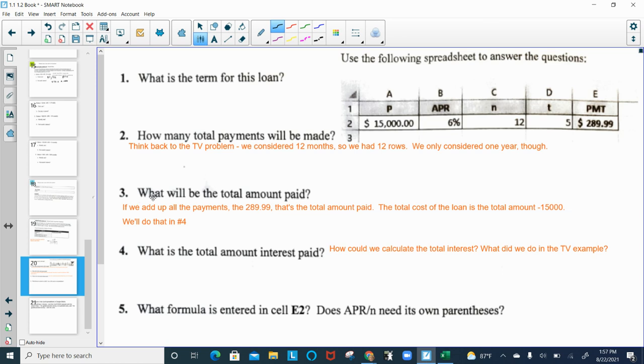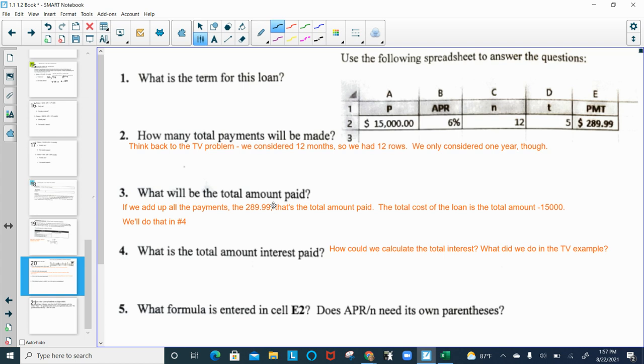Now, we already figured this out. We already know that $289.99 is the monthly payment, right? But that's not how much we're going to actually pay overall. We're going to pay that amount a bunch of times, 12 months every year for 5 years.